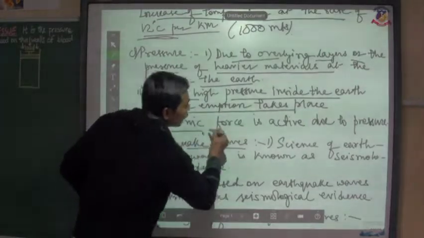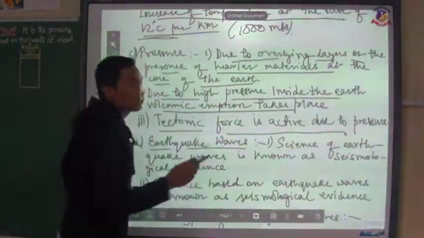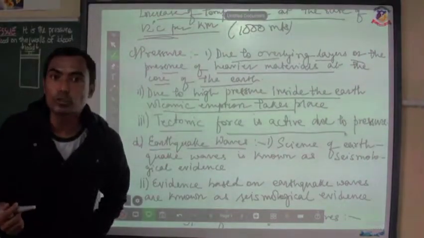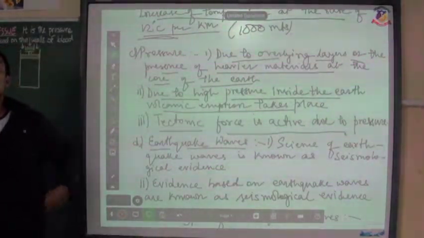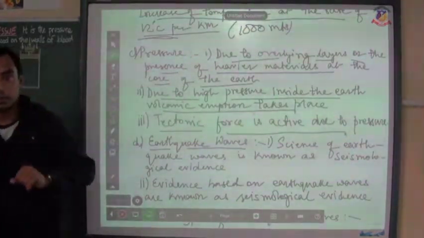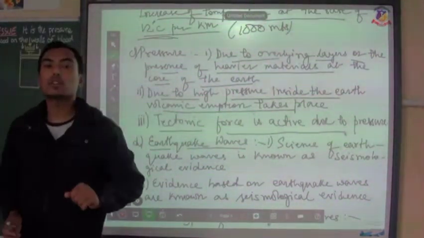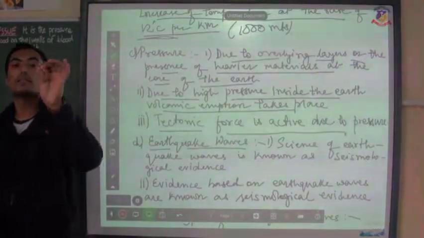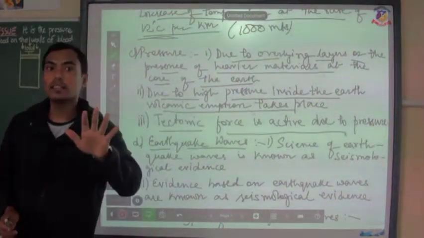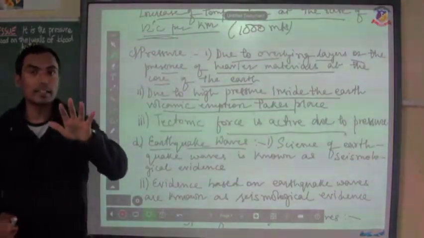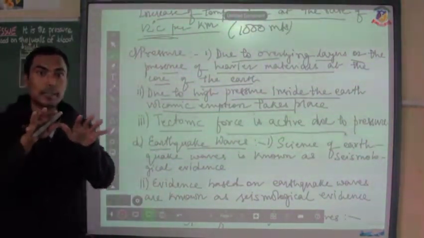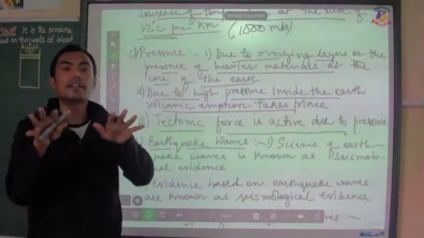Next point, tectonic force is active due to pressure. Tectonic force means the movement of different continents. If you look at the world, we have 7 major continents and many minor islands. All these continents are found on different plates. These plates move in different directions.